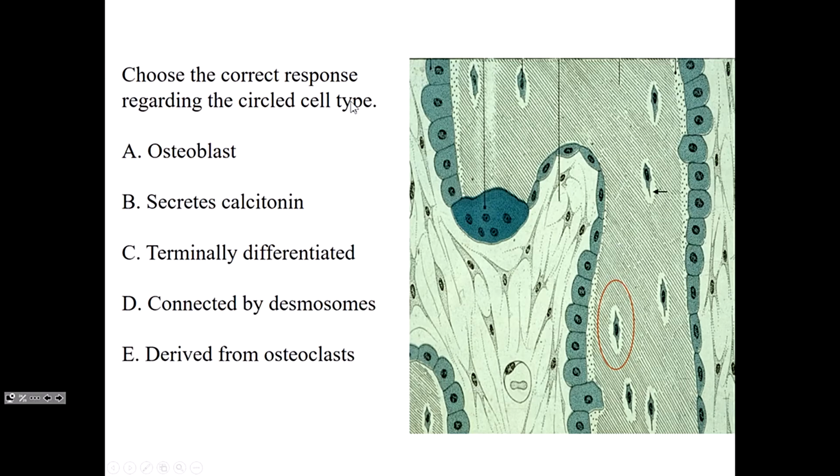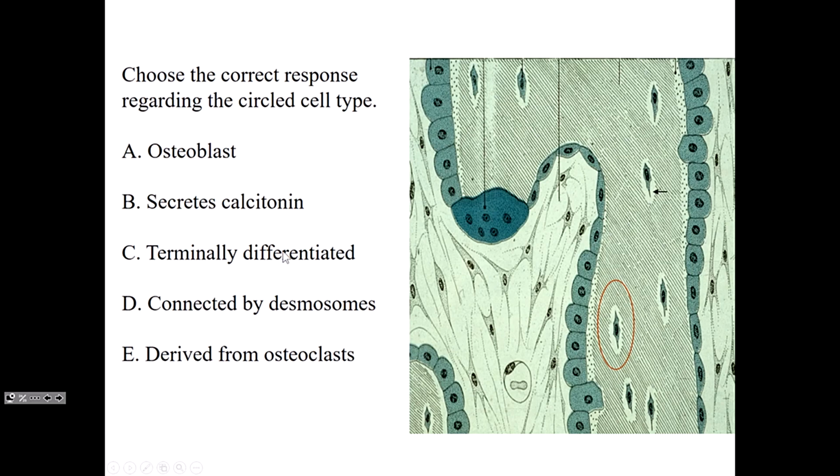Okay, that went quickly. Okay, choose the correct response regarding the circled cell. So first, this is not necessarily a straight identification. First, you have to know what the cell type is. Is this an osteoblast? No. Does it secrete calcitonin?